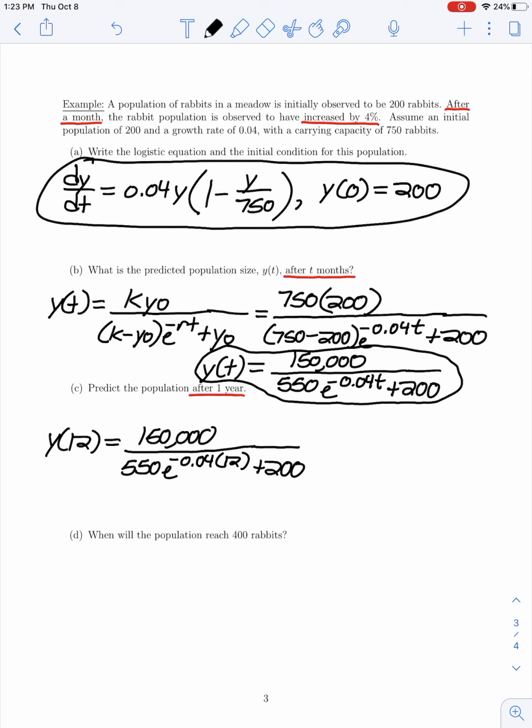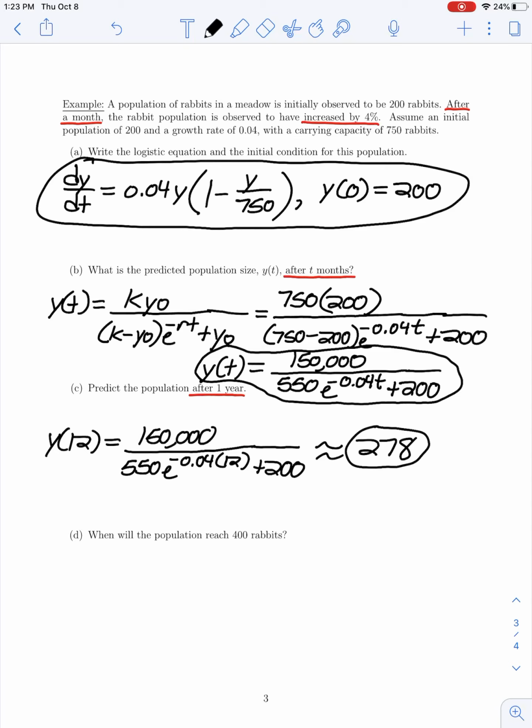And using a calculator to evaluate this expression, we find that the population size after 1 year is approximately 278 rabbits. Rounding to the nearest whole number, since we can't have fractions of a rabbit.